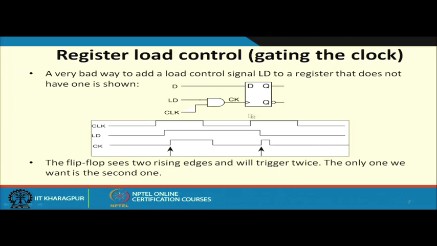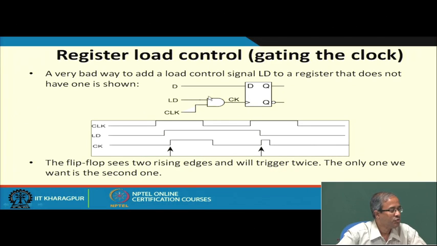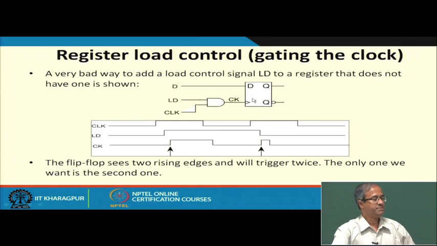The first alternative is that for this load signal we use an AND gate to gate it with the clock signal to generate the clock of the D. But what you see is that this is not a very good idea. Why? You see, the clock signal is coming like this, okay? The load signal will be active sometime, suppose it is high like this. For a single clock cycle, you see that CK will be active twice.